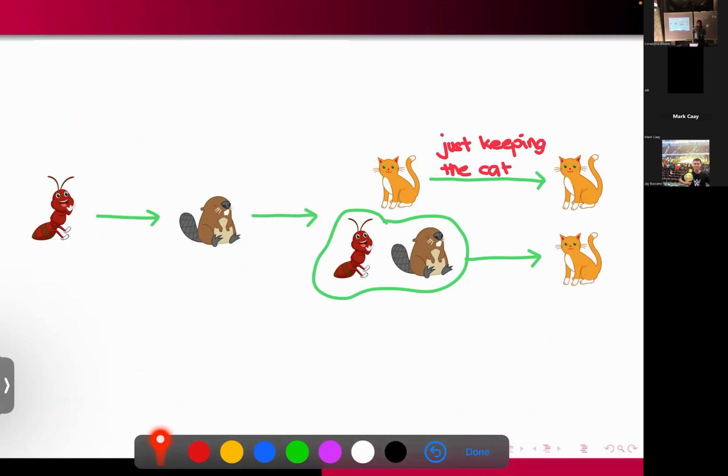Now this simple process tells me that yes, I just put inside one ant, and I get one beaver. Then from one beaver I get these three animals, and I will just keep my cat and then put these two guys inside the machine, and I will get one cat.